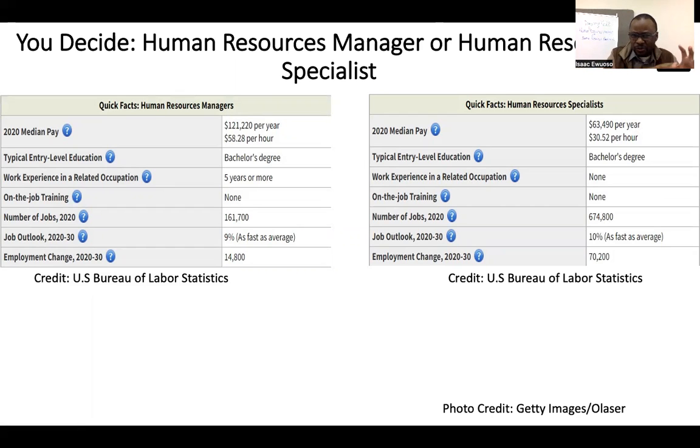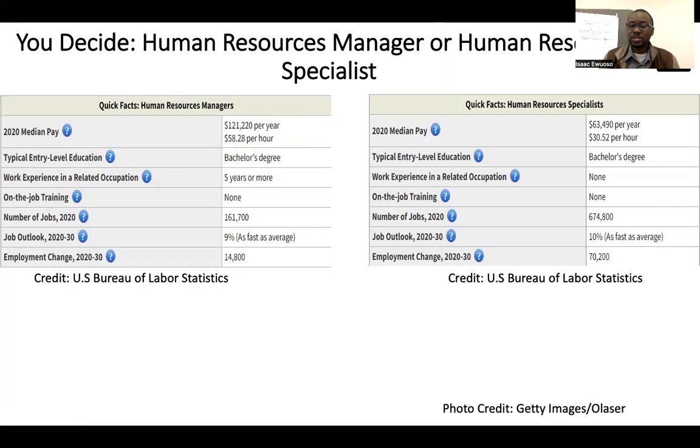So you probably have some experience working as a human resources specialist or generalist before you transition to human resources manager. As a matter of fact, a lot of human resources managers have experience working as a human resources generalist or specialist before they become human resources manager. So you need at least 5 or more years of experience to become a human resources manager. You need some years of experience.